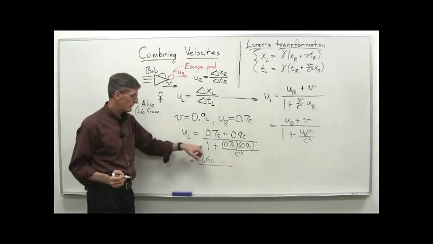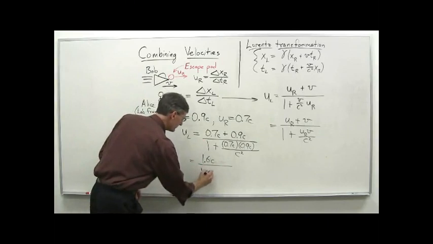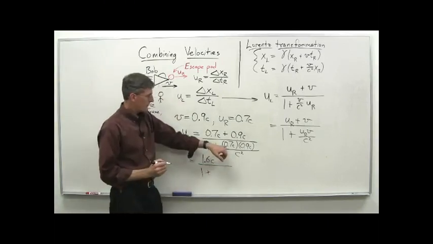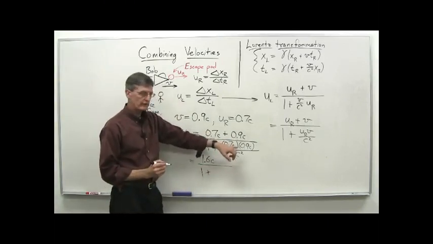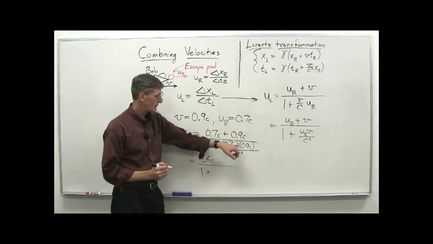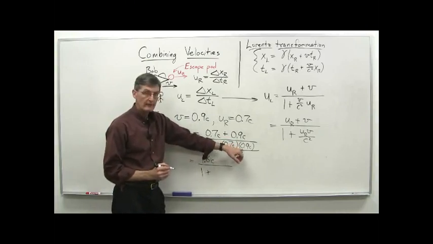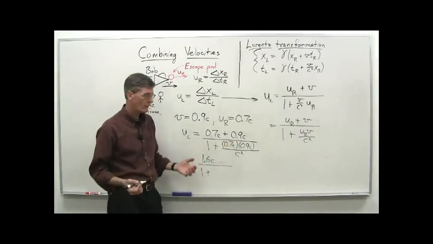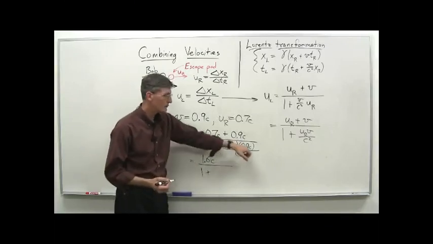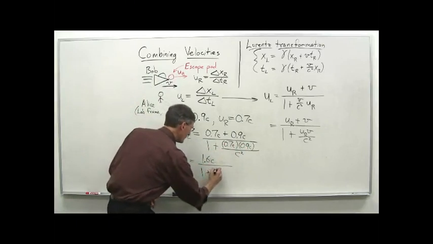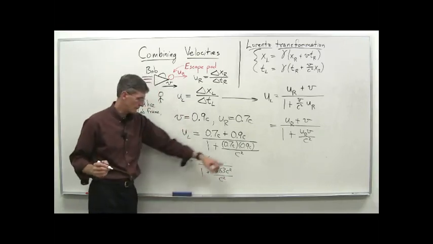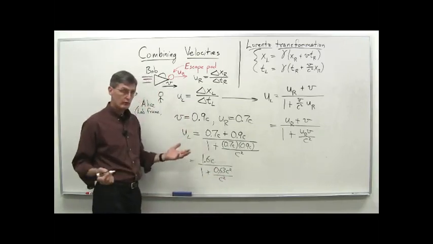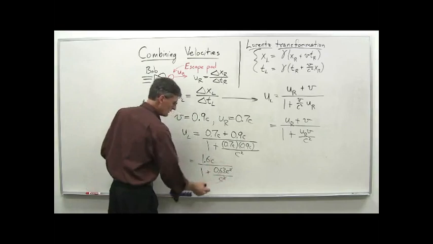What do we have on the bottom? We've got 1 plus 0.7 c times 0.9 c. So 0.7 times 0.9 is going to be 0.63. 9 times 7 is 63. You get the decimals in there. It's going to be 0.63, and I've got a c squared there. So I get 0.63 c squared all over c squared. The c squareds, of course, cancel.